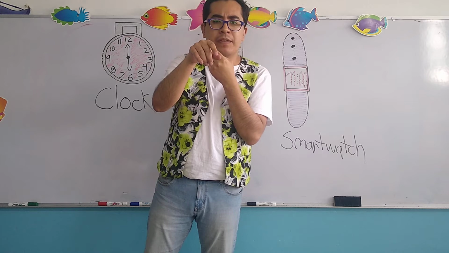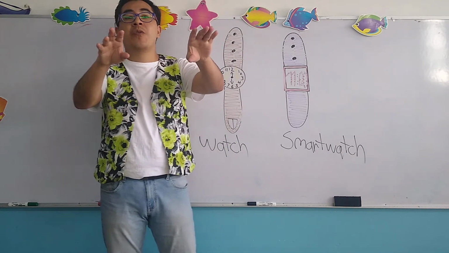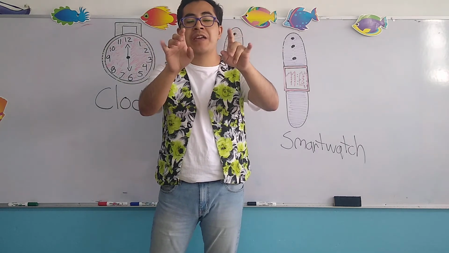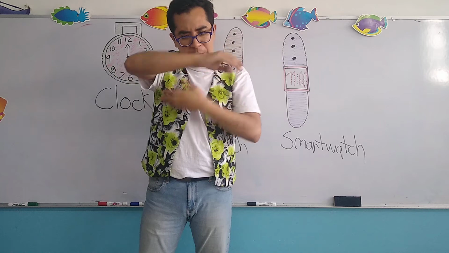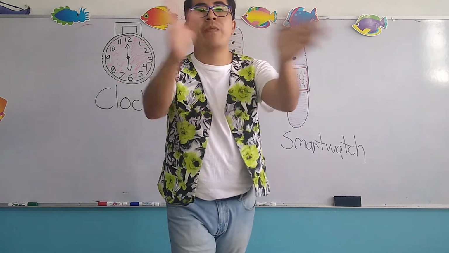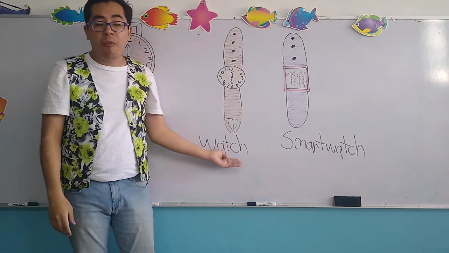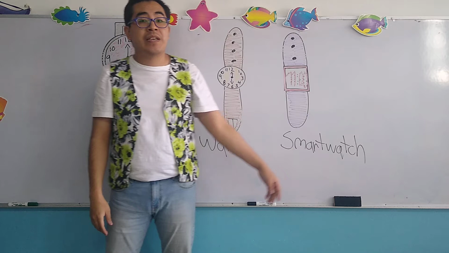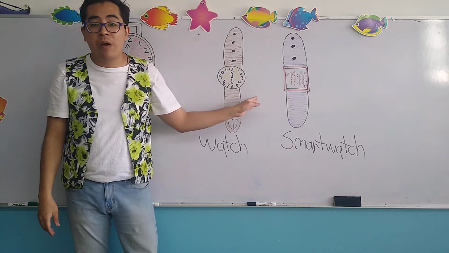Okay, excellent. Very good, okay. All of your answers were correct, okay? Todas sus respuestas fueron correctas. Now I'm going to mix them up. I'm going to concentrate and I'm going to tell you my own perspective, okay? Now the difference between the watch and the smartwatch is that with this, we're only going to check the hour, the time.